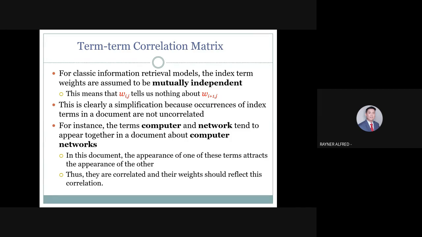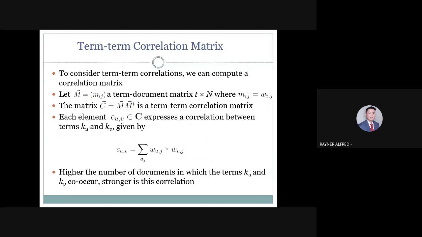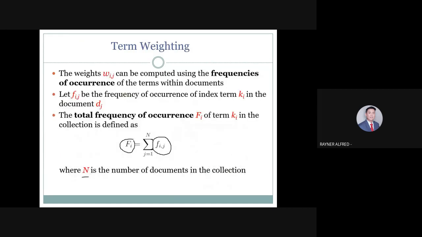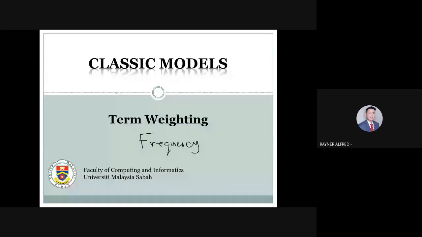And there is a way to measure the term correlation, how closely they are correlated to each other. So this is the formula. We will use the term document matrix. The term document matrix is basically this one.